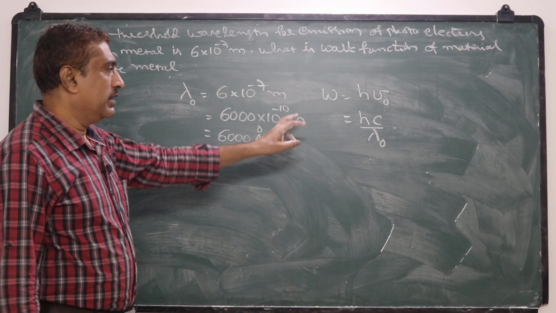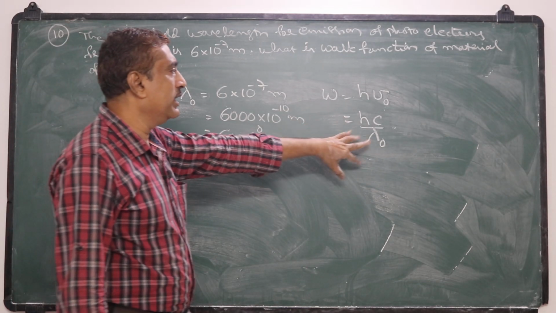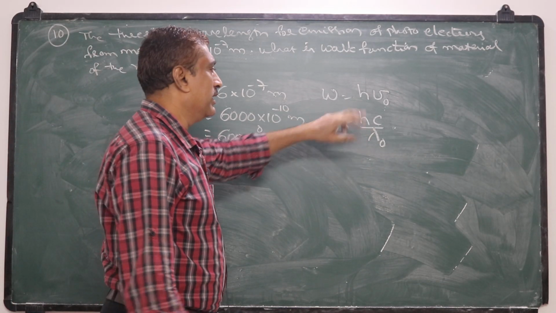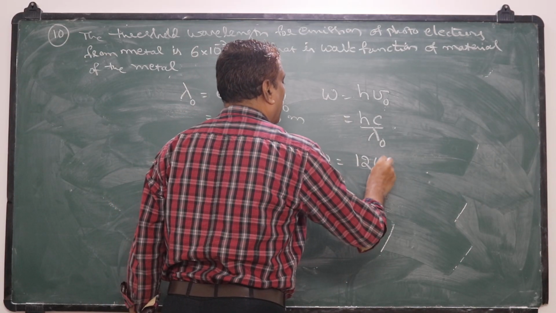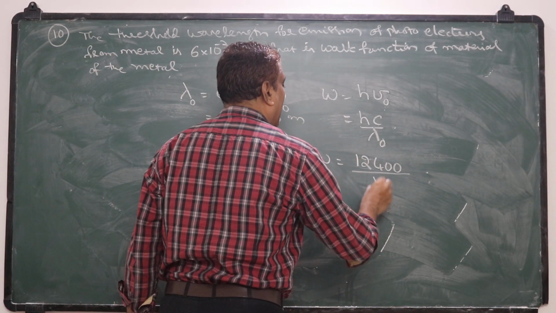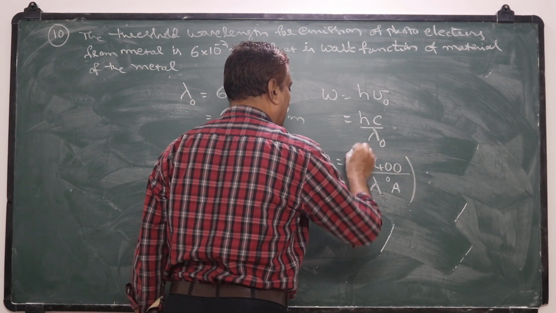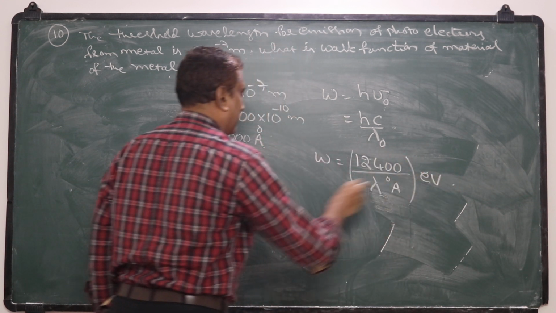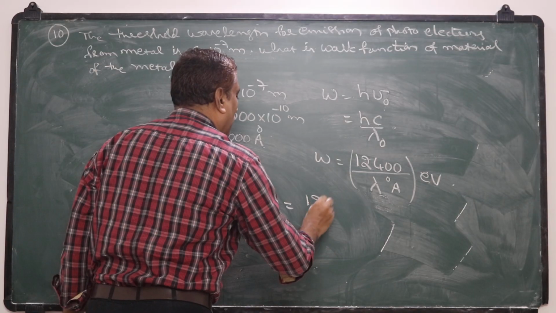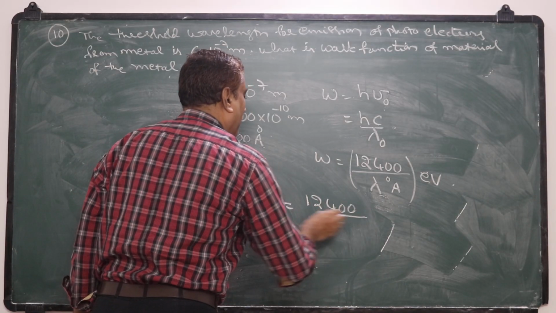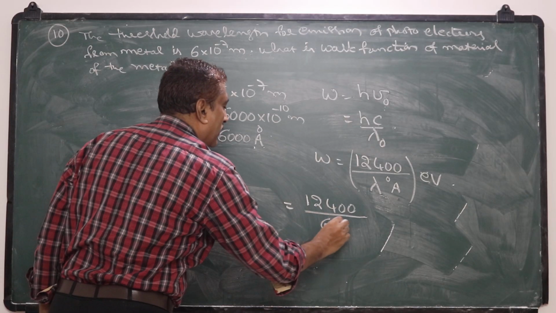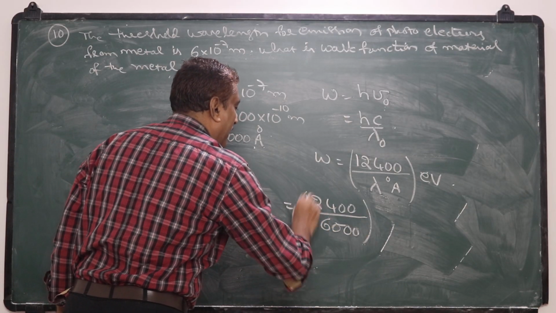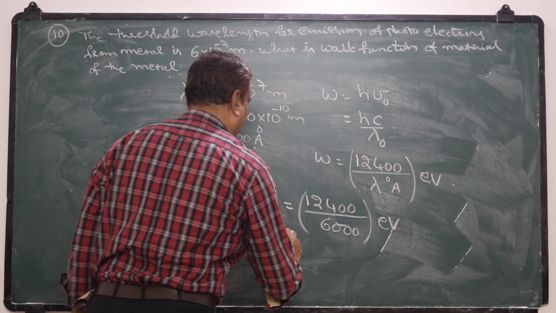It is convenient to use the relation W is equal to 12400 by lambda in Angstrom electron volt. Simple one is this one. So that is 12400 by lambda in Angstrom, that is 6000.